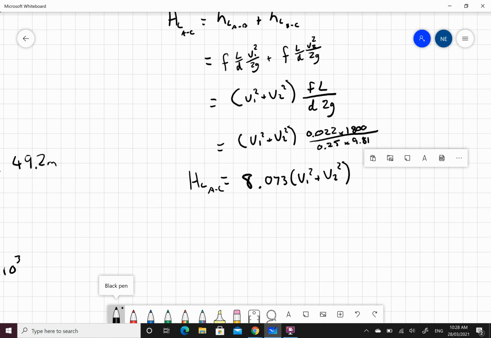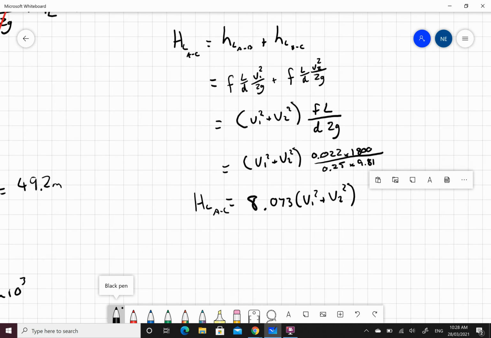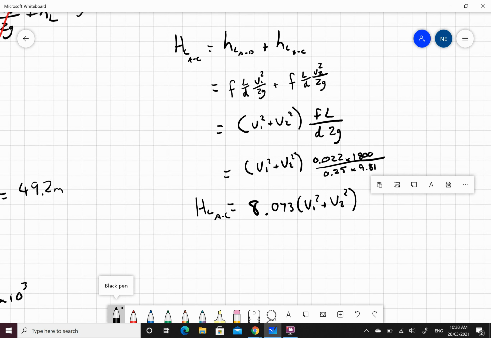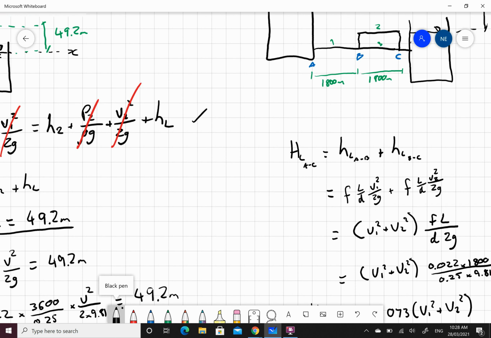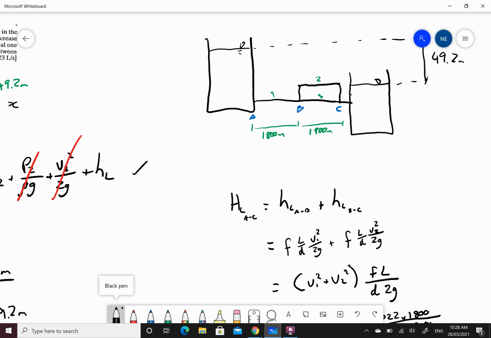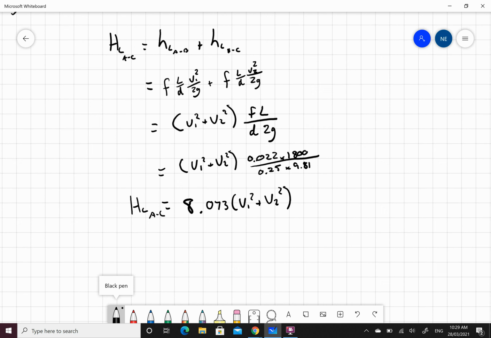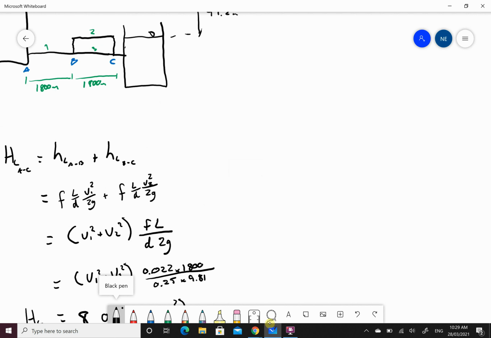It gets a bit more tricky through this stage, but what we can see is that V1 is equal to flow in pipe 2 plus flow in pipe 3. So we can come back to our continuity equation: V1 A1 is equal to, looking at pipe 1, V2 A2 plus V3 A3.